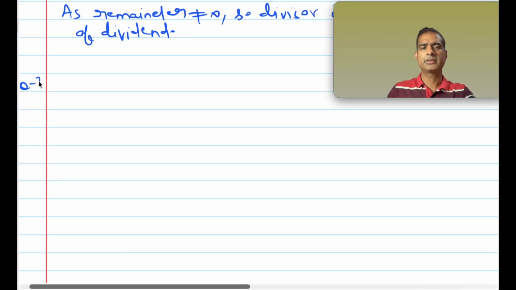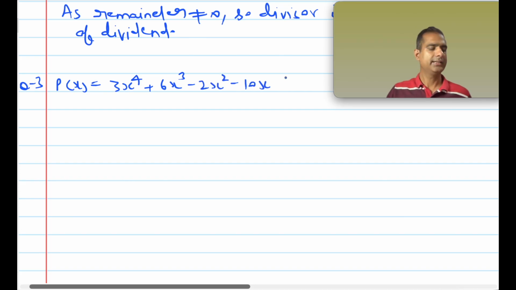So question number 3. The given polynomial is p of x equals 3x to the power 4 plus 6x cube minus 2x square minus 10x minus 5. So this is the given polynomial, and two zeros of this polynomial are given.